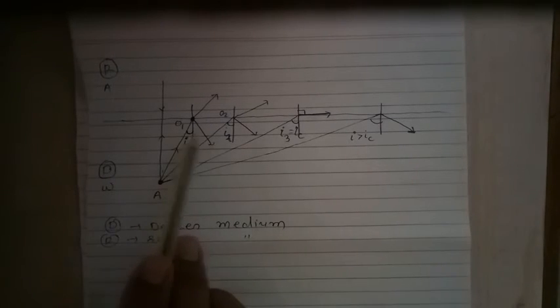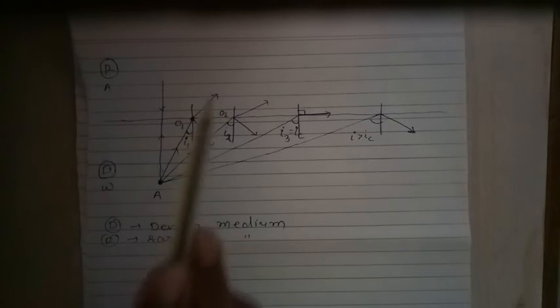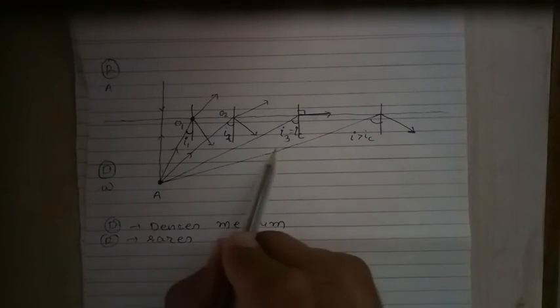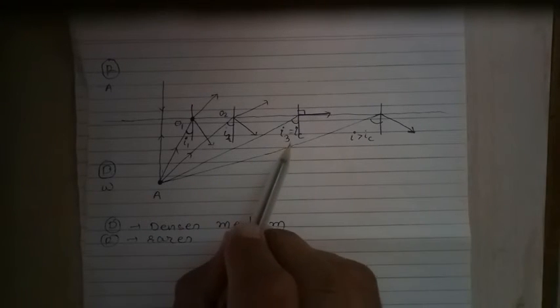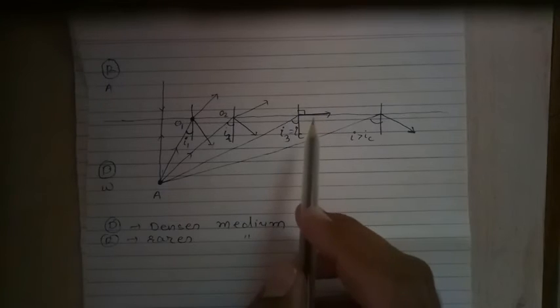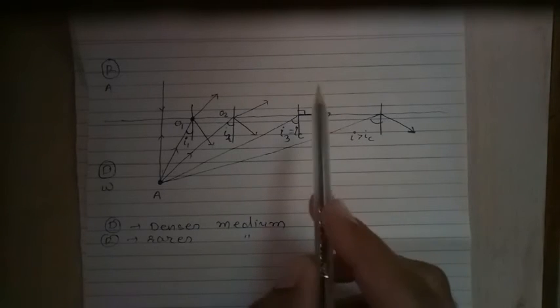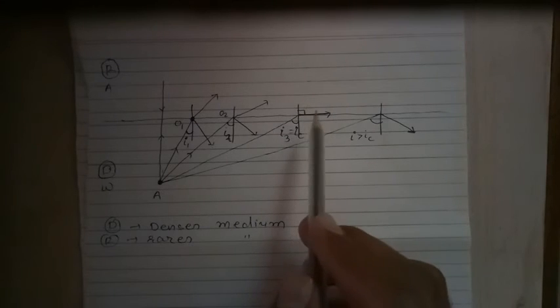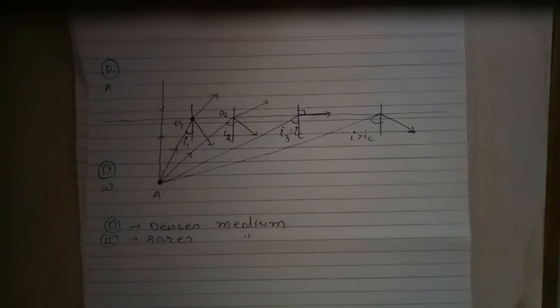As we increase the angle of incidence, the angle of refraction also increases. As we increase the angle of incidence, at some value the angle of refraction becomes 90 degrees. This angle of incidence is known as the critical angle.